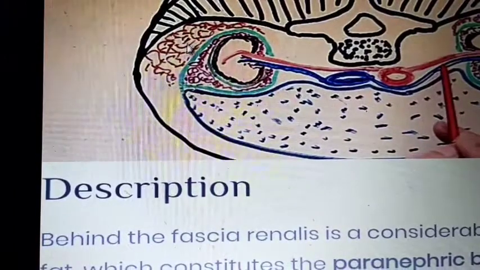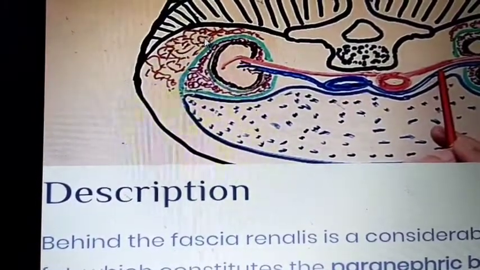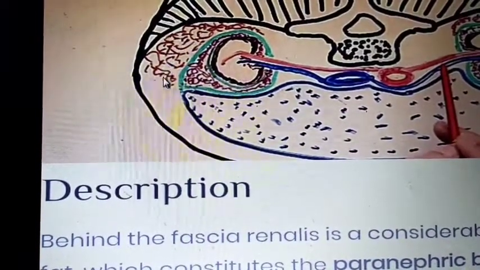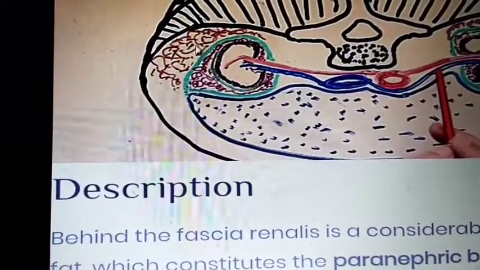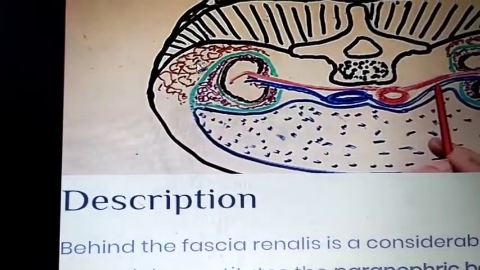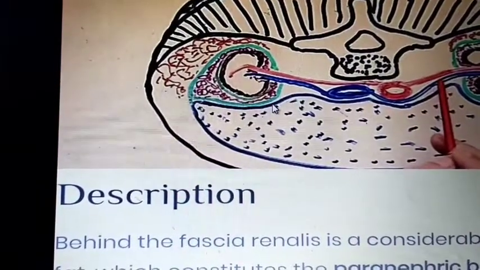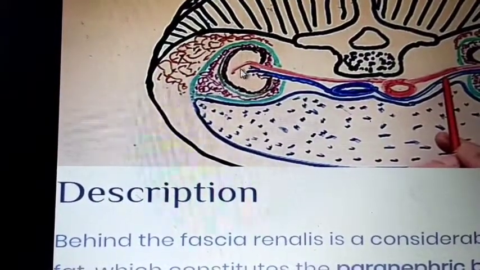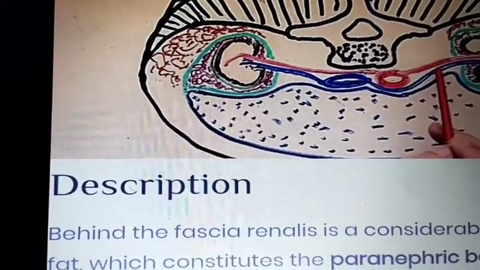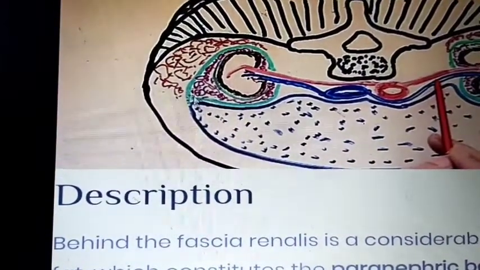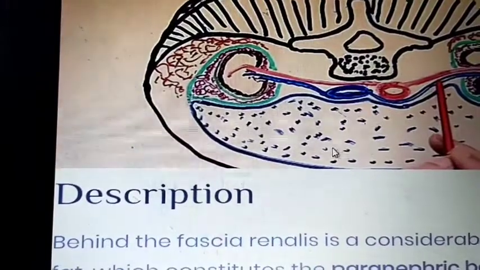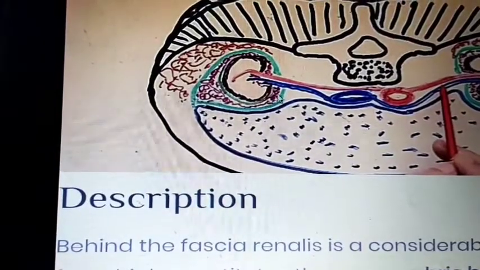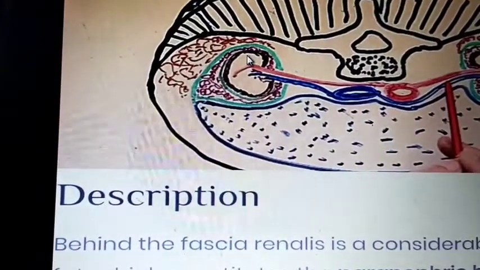This fat holds the kidney in its normal position, pushing on the kidney, and we also call it the shock absorber of the kidney. And the renal fascia helps the kidney attach to the surrounding structures, the organs of the abdomen. And this is the peritoneum.